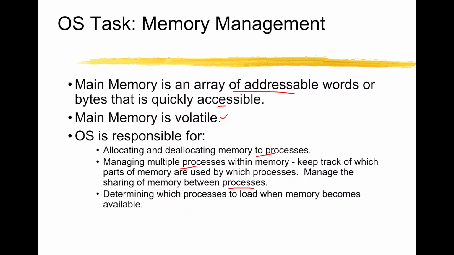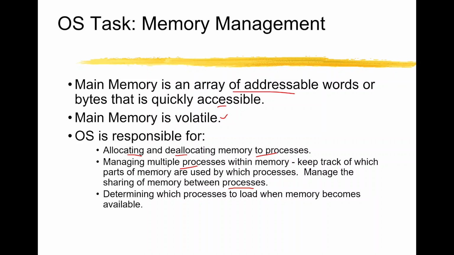So that's the memory. The operating system has to ensure that when a process demands memory, it allocates it. And once the process is through with that memory, it deallocates it so that there will always be space for other processes to also use memory.